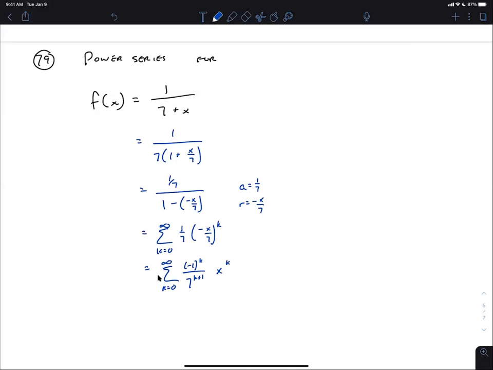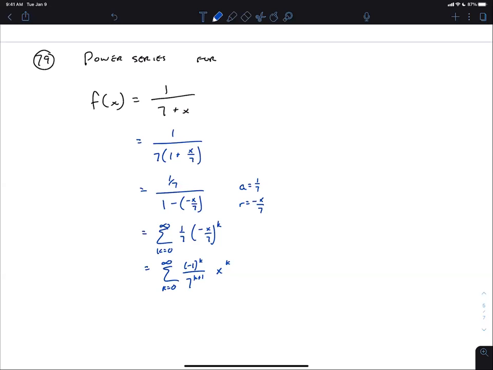We're getting that because the negative is treated as negative 1 times x, so negative 1 to the k. The x to the k we put at the end, or you can put it in the top. And then you've got 7 to the k times 7 to the first, so that simplifies to 7 to the k plus 1. I guess they're using the letter n, so use the letter n instead, but that's the series that you put.